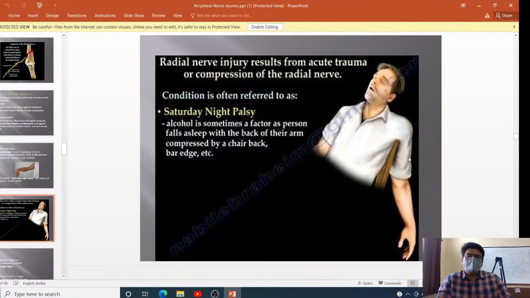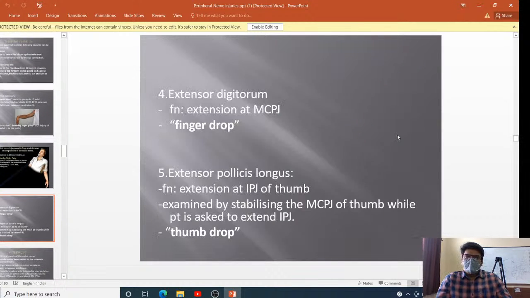This is Saturday night palsy, giving rise to radial nerve injury in the axilla. This causes a very high lesion of the radial nerve. Extensor pollicis longus, if it is involved, gives rise to thumb drop. If extensor digitorum is involved, it gives rise to finger drop.